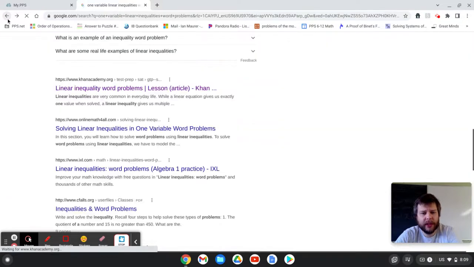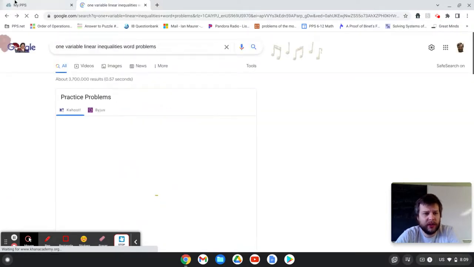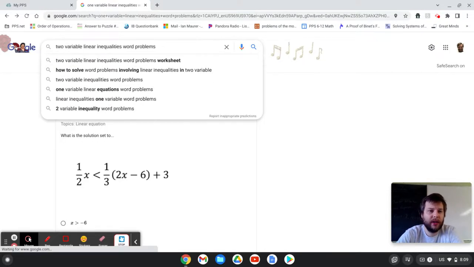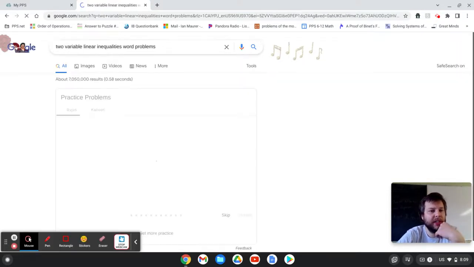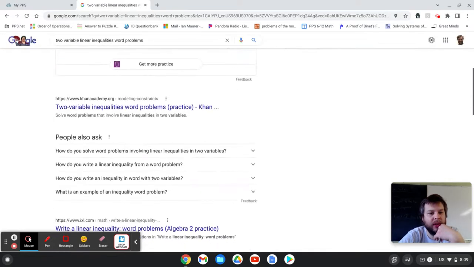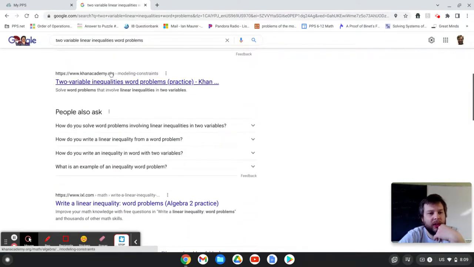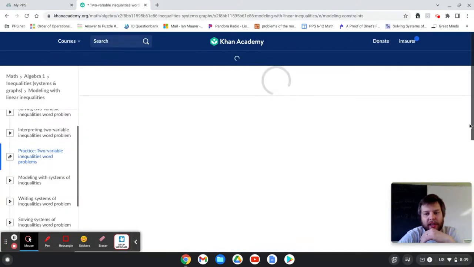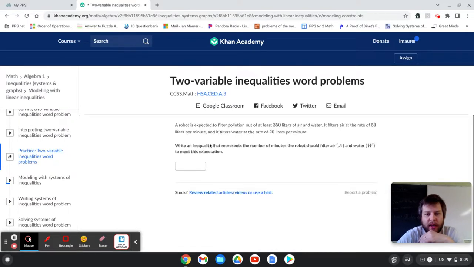Same sort of thing when you switch it from one variable to two variables. Let's see what comes up when we type in two variable linear inequalities word problems. Looks like Khan Academy here has our practice problems. Just by clicking on this, I see what comes up.